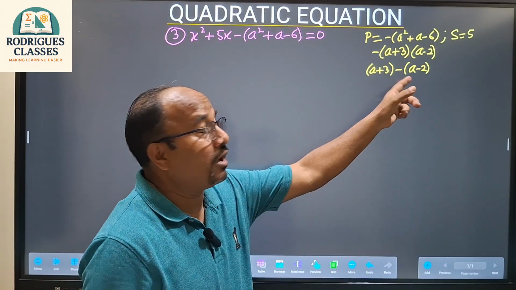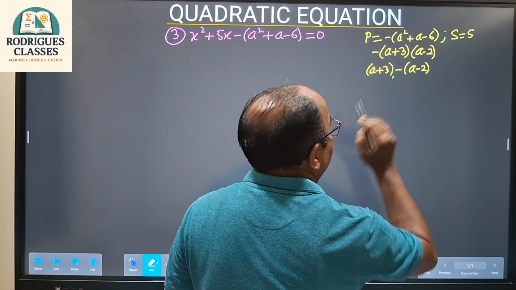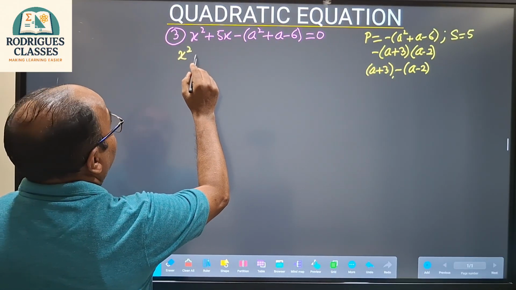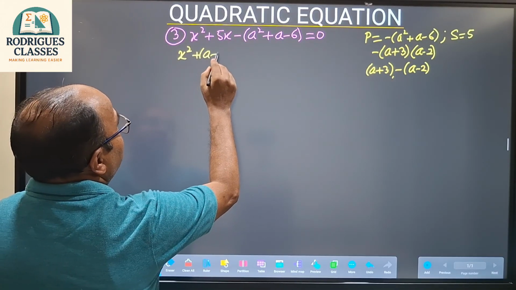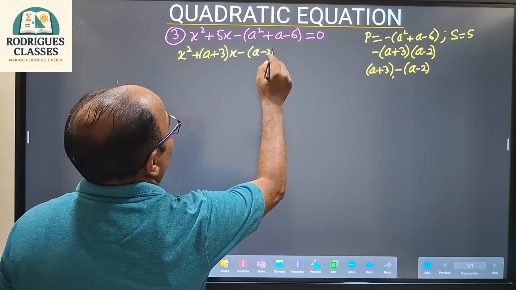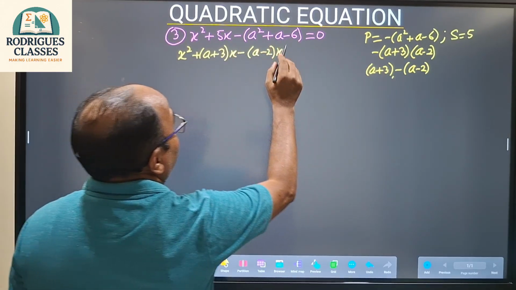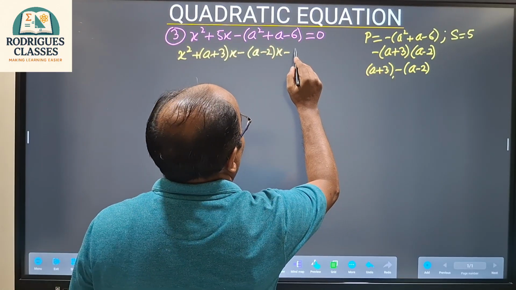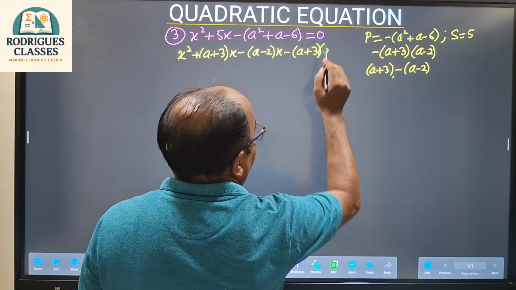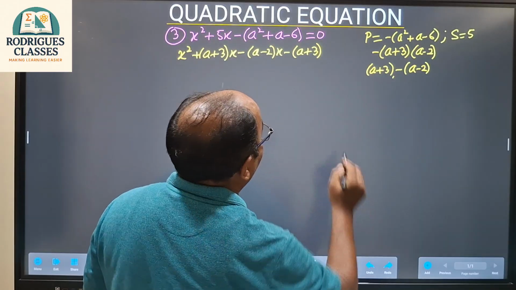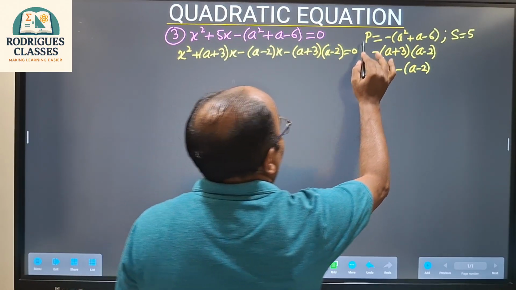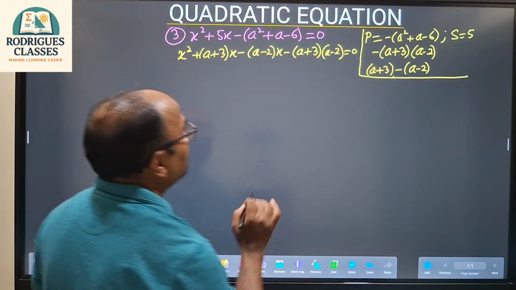So now we know these two are our terms. So I will write here now x square plus a minus 3x minus a minus 2x, and this one now I will write it in this format only, a plus 3 and then a minus 2 equals to 0. This was my rough work part.